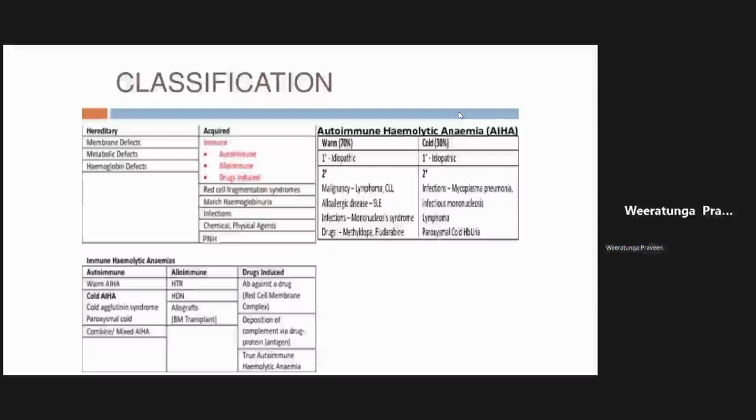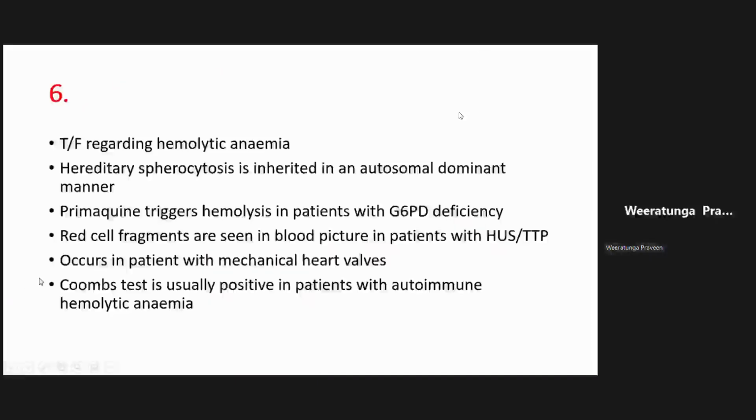Hereditary hemolytic anemias are subclassified into three: membrane defects, enzymopathies like G6PD deficiency, and hemoglobin defects like thalassemia. Acquired ones are mainly the immune types, but there are other causes also. So let's talk about a few causes of hemolytic anemia.